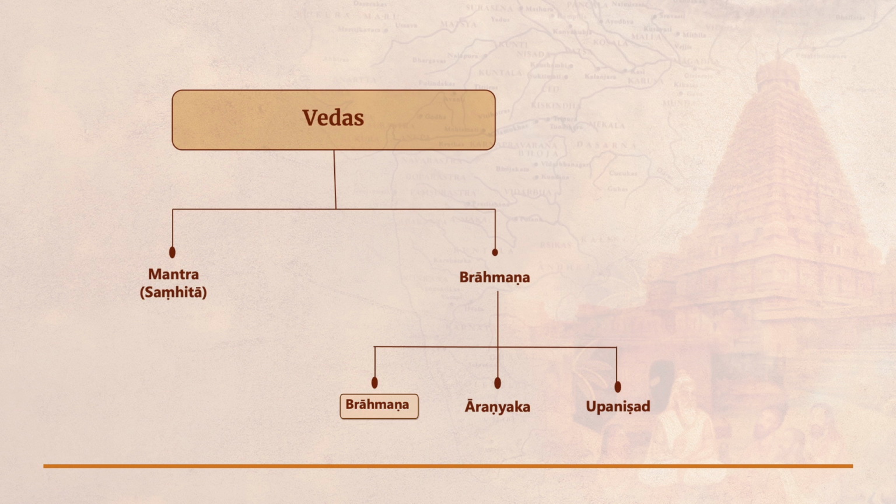The Brahmana part is there, but it also has what is called Aranyaka and Upanishad. So in some sense the first part is the mantra, then you have the Brahmana, you have the Aranyaka, and then you have the Upanishad. We will see each one of them.